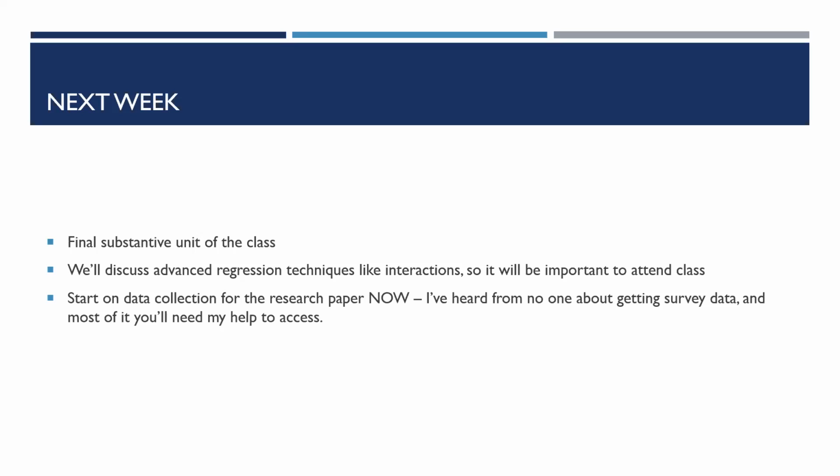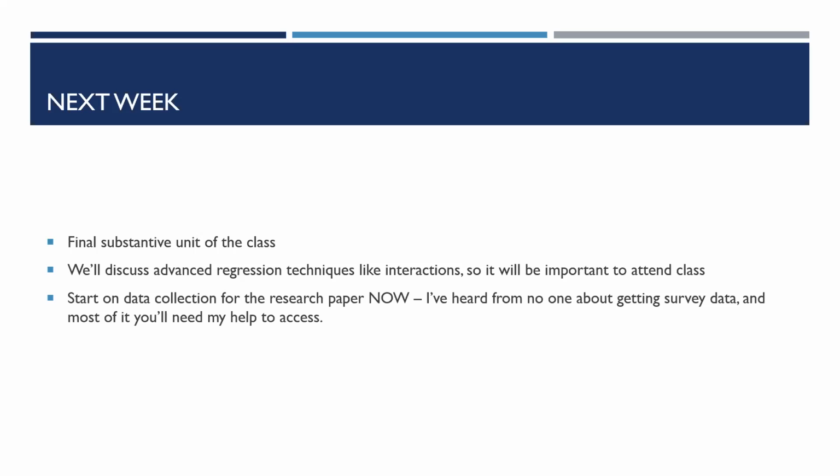Okay, and then final note I've got here, I haven't heard from anyone about getting access to survey data. For anyone that's planning on using the American National Election Study, which is what I've steered a lot of you toward, you cannot download that data on your own unless you have Stata installed on your computer. You will need me to help you get it.